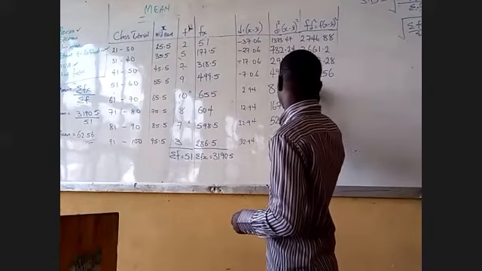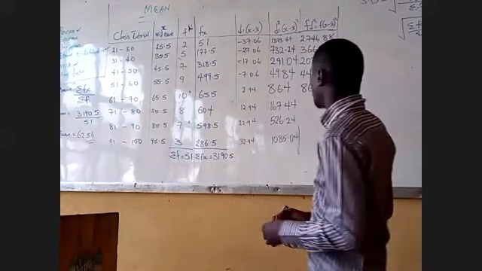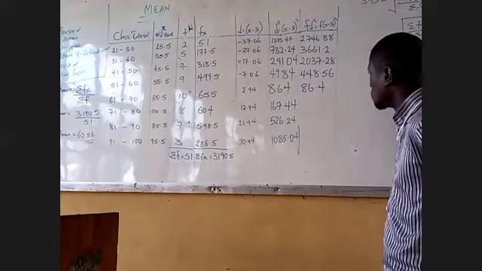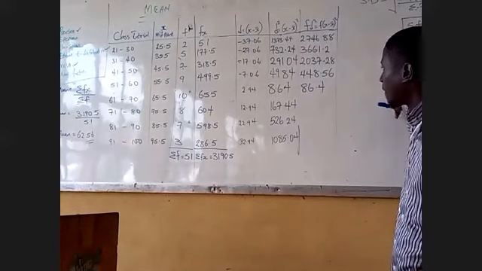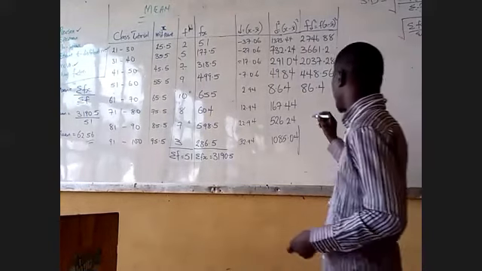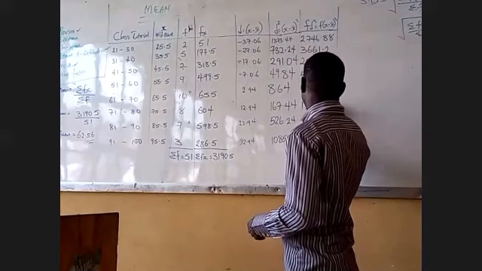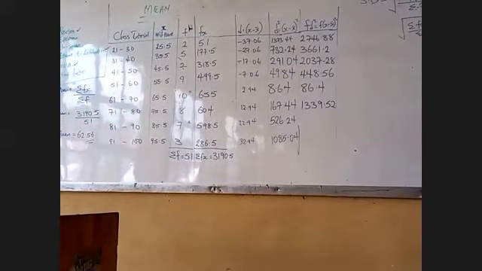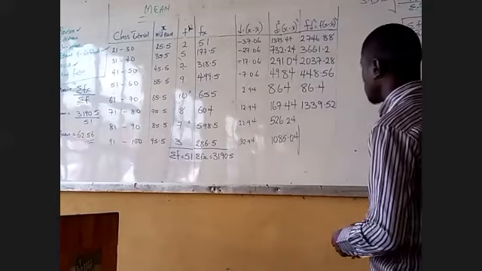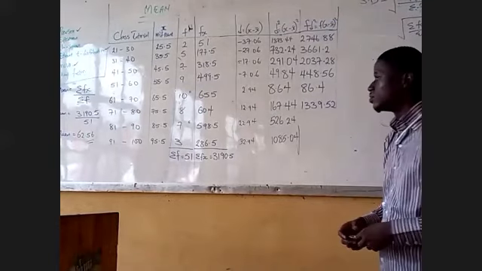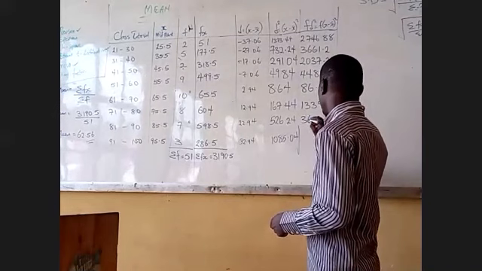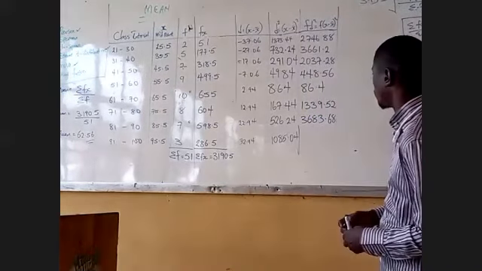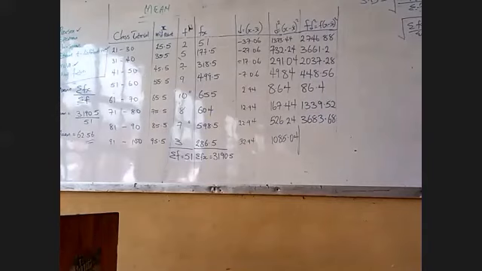Okay, that would be 6.4. So 167.44 times 8. Okay, 5 to 6.24 multiplied by 7. Okay, and then 1085.04 multiplied by 3.